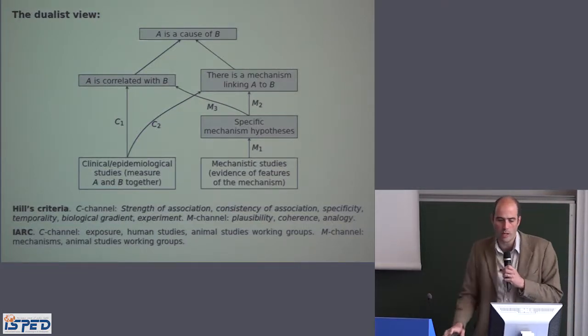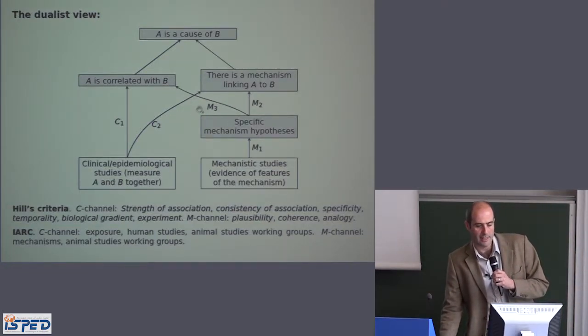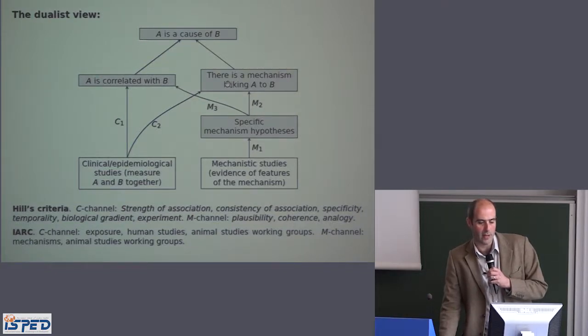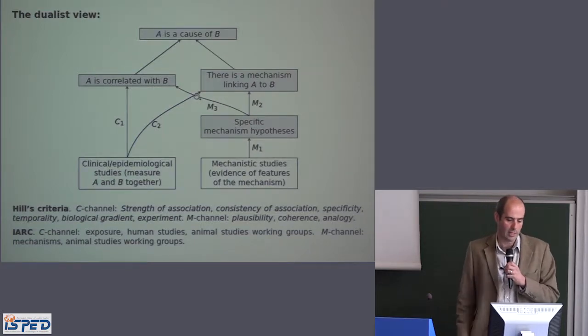And they've got quite a well-developed procedure for deciding, on the basis of a range of mechanistic studies and epidemiological studies, whether you can conclude there is a mechanism of action in humans of carcinogenicity of the substance they're evaluating, and then they can use that to infer causality.